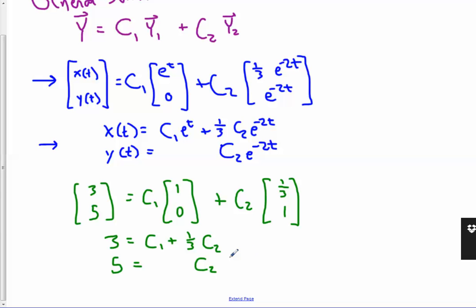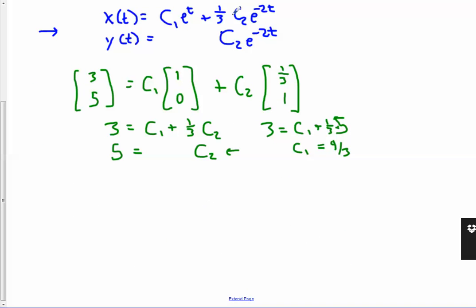This one is pretty easy because we already, right from the start, know that C2 equals 5, and then I can just sub that in here. And so I get 3 equals C1 plus 1/3 times 5. I get C1 equals 4/3, I believe. Okay. So C2 is 5, C1 is 4/3.